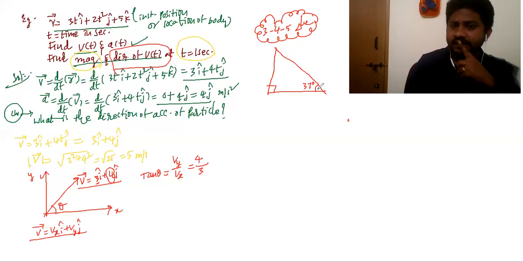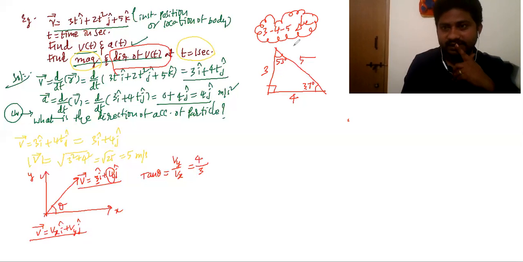If one angle is 37, the other must be 53 degrees. In the 3, 4, 5 triangle, for 37, the opposite side is 3, the adjacent side is 4, and according to the Pythagoras theorem, the hypotenuse is 5.